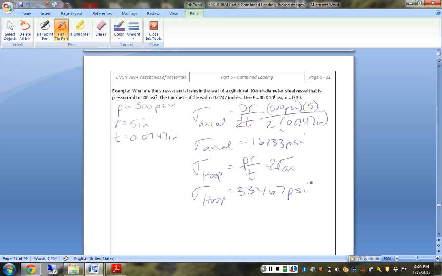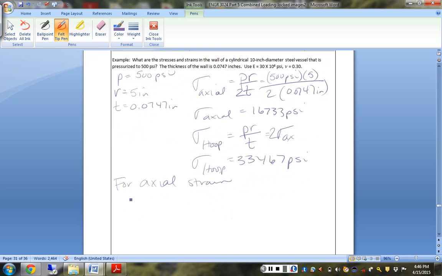What do we want to know now? We want to know strain. So for axial strain, which equation is that? Strain in X is equal to 1 over the modulus times stress in X, minus Poisson's ratio over the modulus times Y stress.